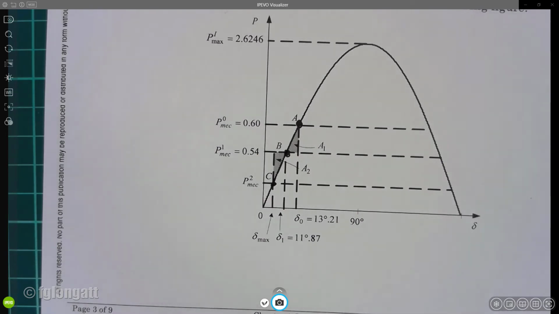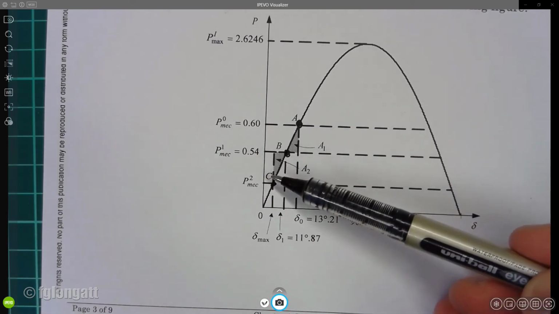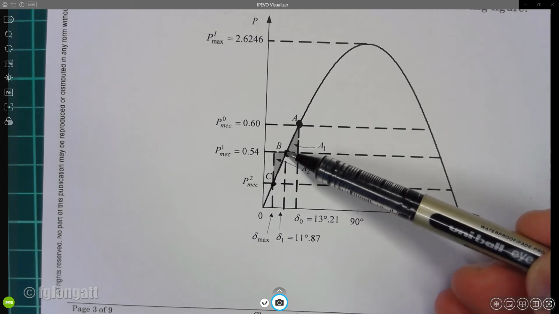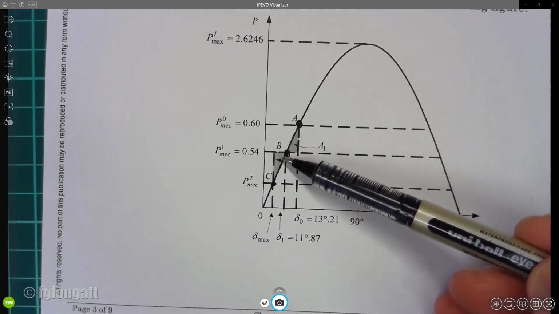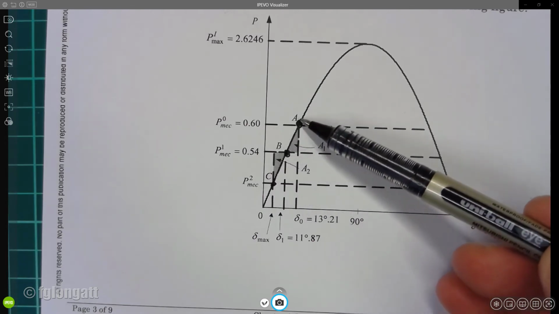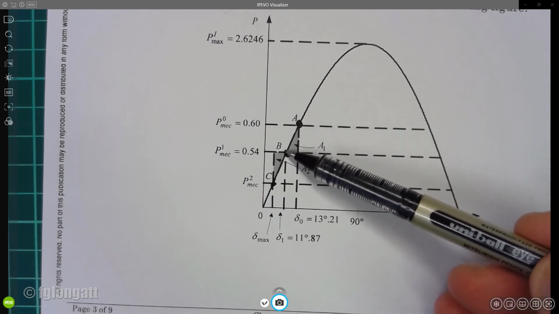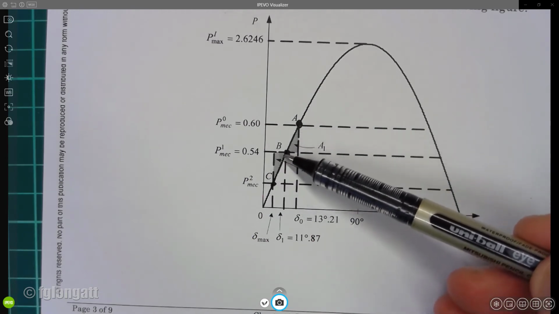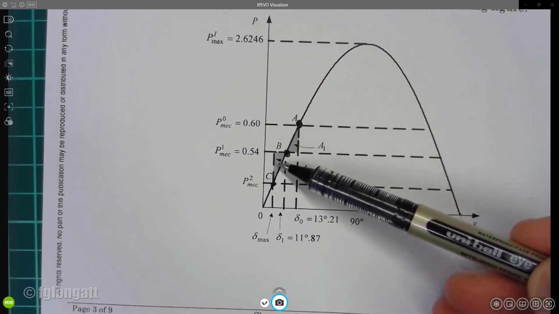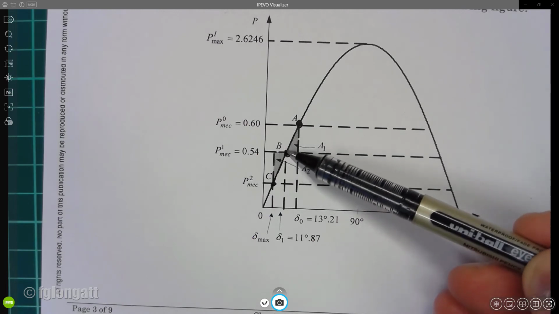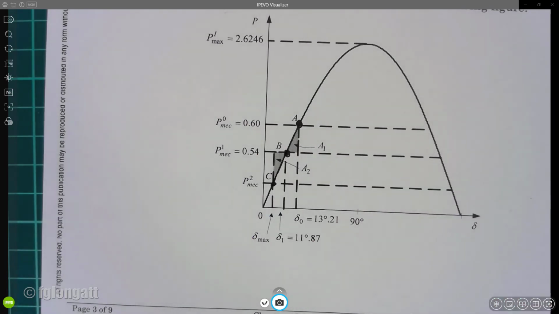For that reason, the machine will start to accelerate, and it will try to come back again to B. But again, it overshoots, and the situation will be like this. We start from A, and the machine will oscillate, and if everything is fine, we will stop here operating at B, okay?